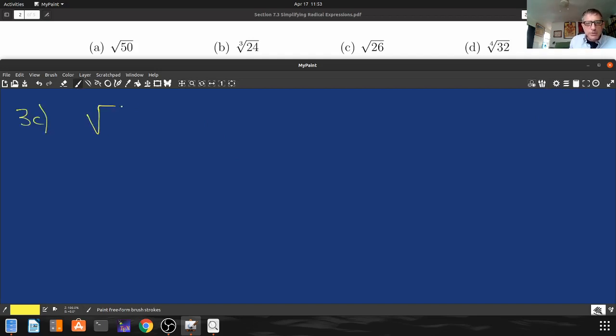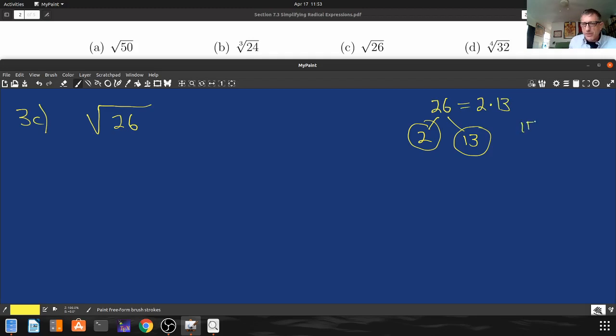Now let's do the square root of 26. So let's do the factor tree for 26. 26 is divisible by 2 and 13. 2 is prime and 13 is prime. So the prime factorization is 2 times 13.